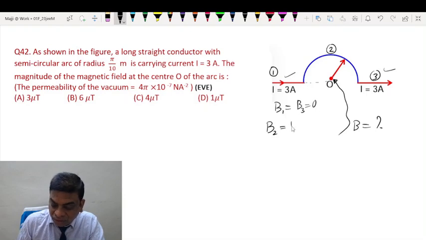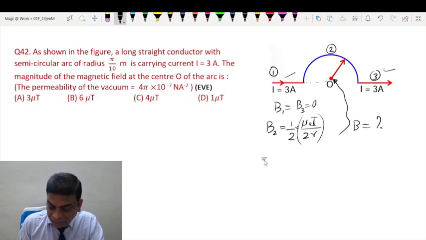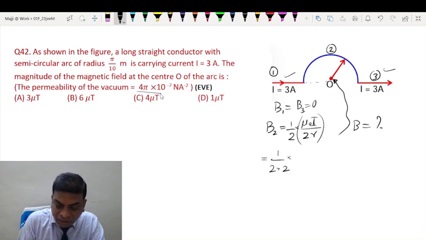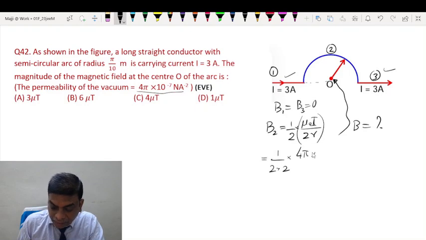Due to the semicircular wire, it is half of the magnetic field due to a complete coil. Due to a complete coil, it is mu0 I by 2R. So this should be the answer. So half into that, mu0 is straight away given as 4 pi into 10 to the power minus 7 SI units.